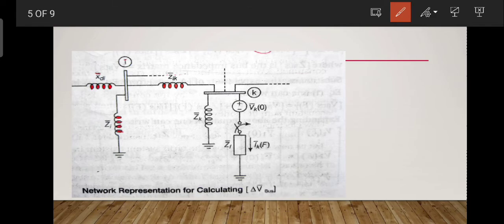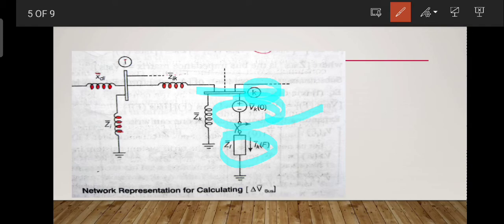Further, a balanced three-phase fault through a fault impedance of ZF is assumed to occur at the kth bus. Okay, this is our kth bus with k initial voltage. This is our initial kth voltage. The bus is shown in the figure.